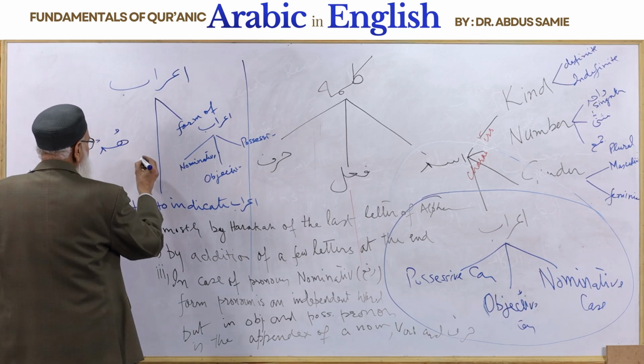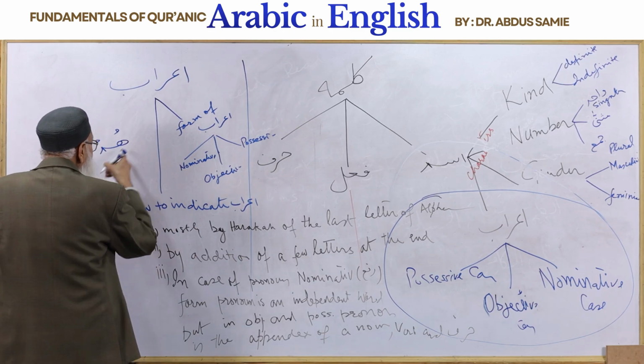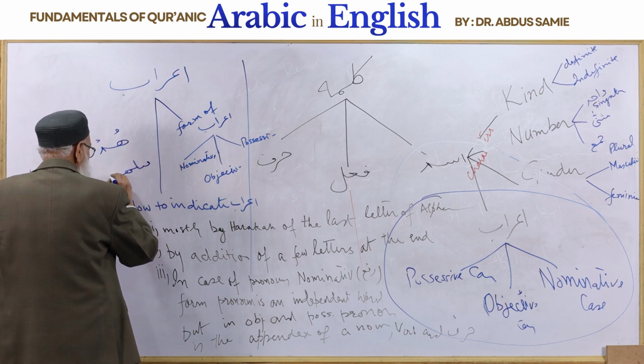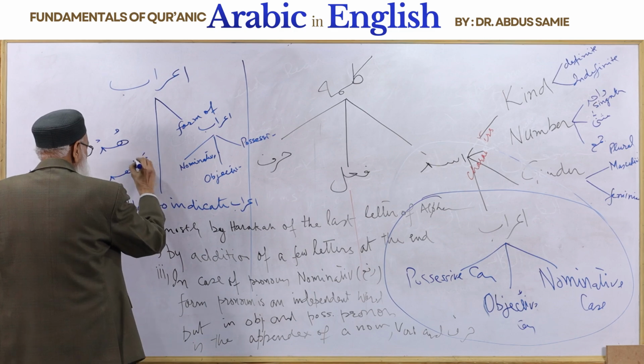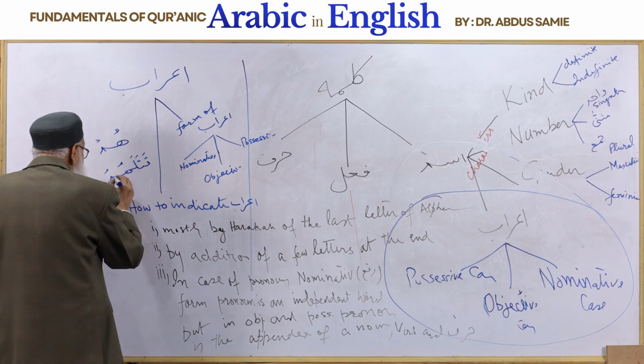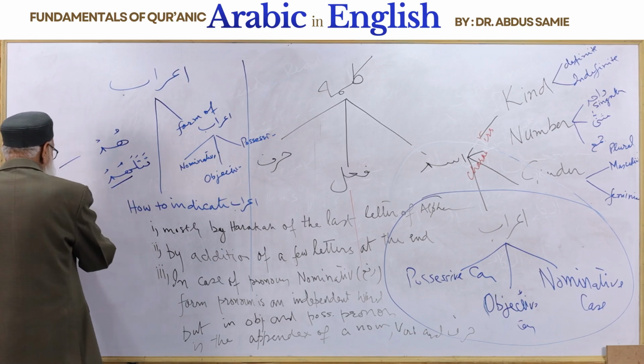Now I'm giving the example of hum attached to a verb. Qatalahum, he killed them. Now here this hum means them.